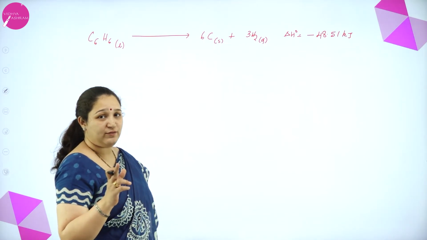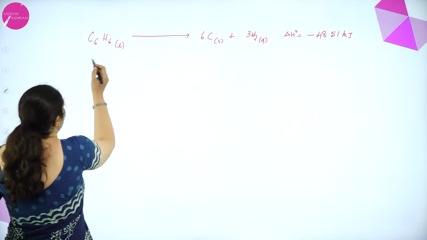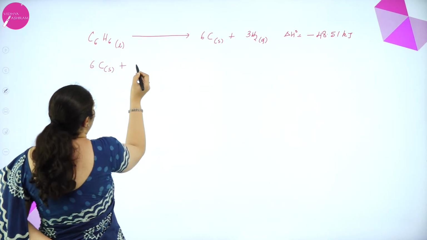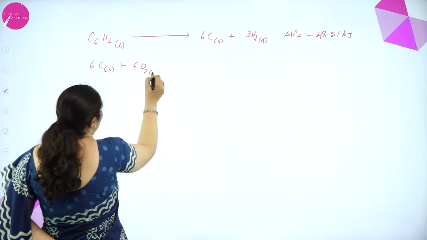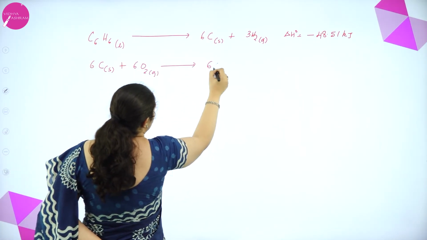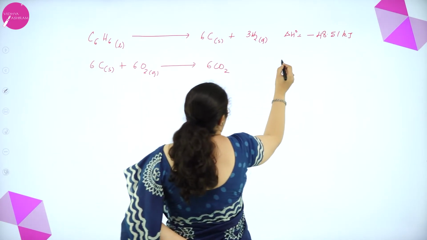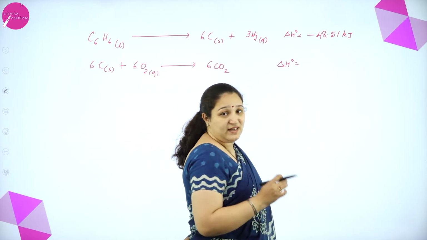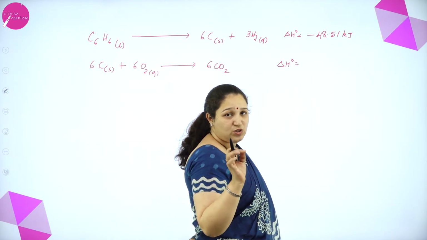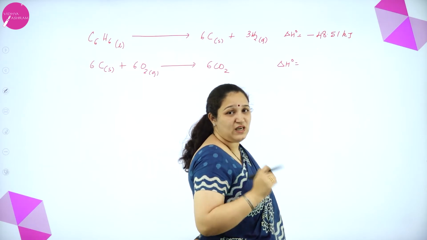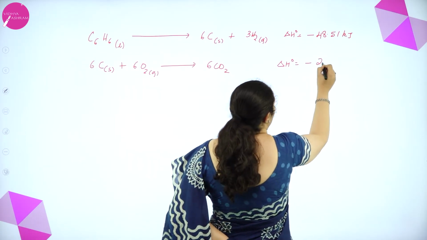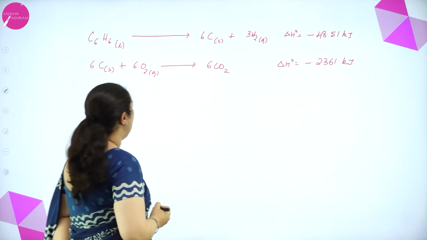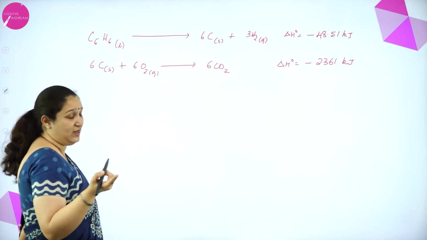Equation 2, what I have to do? I have to multiply by 6. So it is 6 carbon solid plus 6 O2 gas giving 6 CO2. And delta H naught value will be minus 393.5 kilojoules into 6, which is equal to minus 2361 kilojoules. Okay. Now equation 3, I have to multiply by 3.